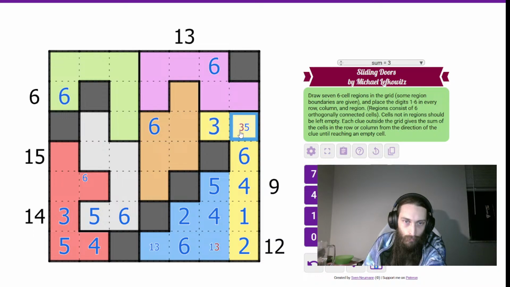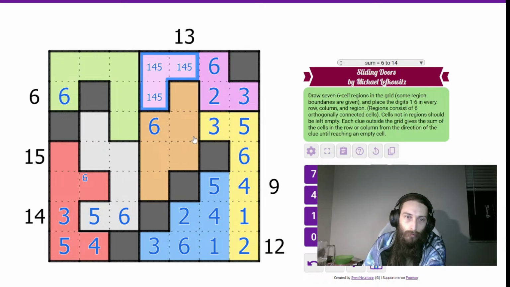Three and 5. It's also a 3. This is a 2. 2. 1, 4, 5. 2 and 3. And then 1, 4, 5.